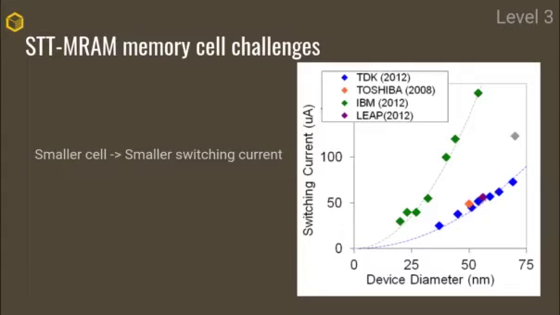The problem is that a smaller cell results in a smaller switching current, but this decrease is not linear.